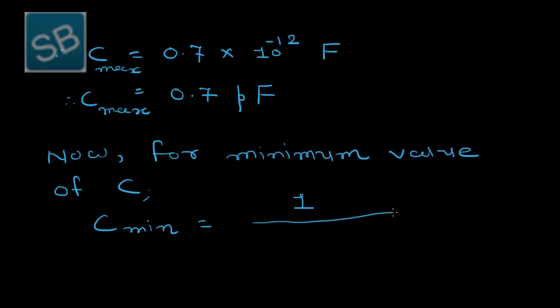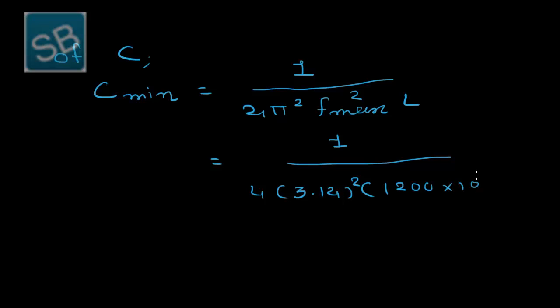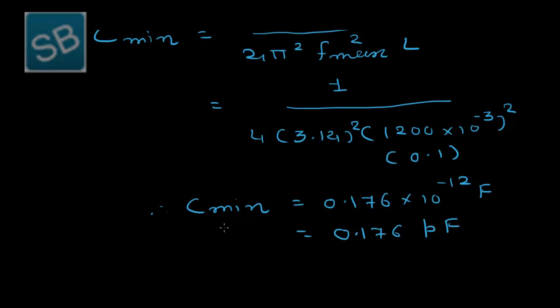So the equation will be 1 over 4 pi square, here f max will take place, into L. So again substitute all the values. 1 over 4 into 3.14 whole square into 1200 into 10 to power 3 whole square into 0.1. That is equal to 0.176 into 10 to power minus 12 farad, that is equal to 0.176 picofarad.